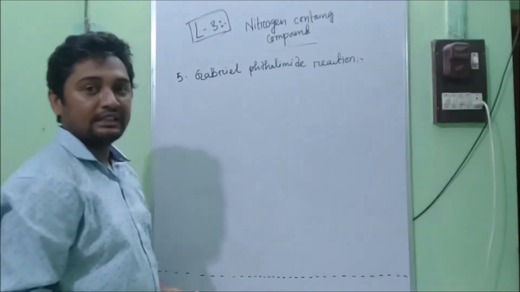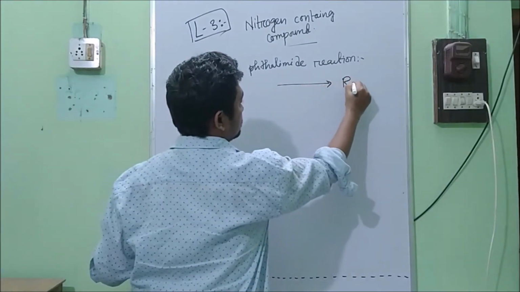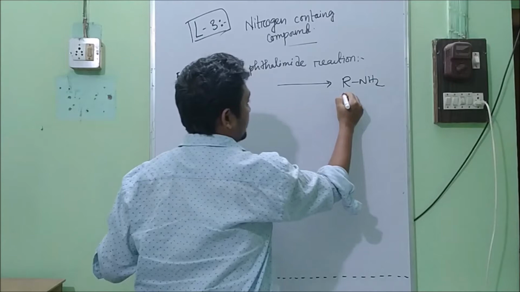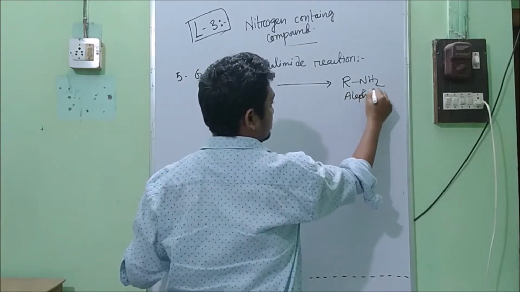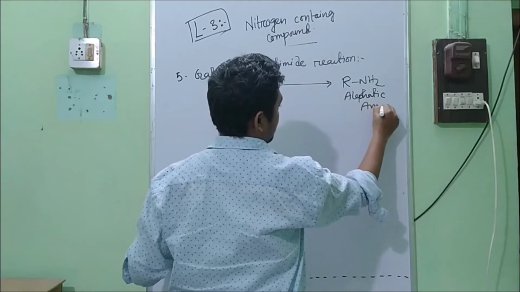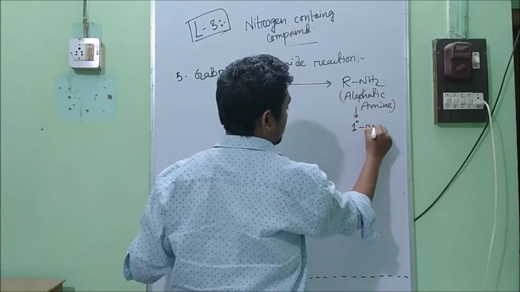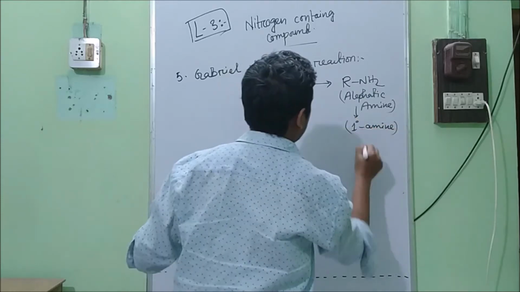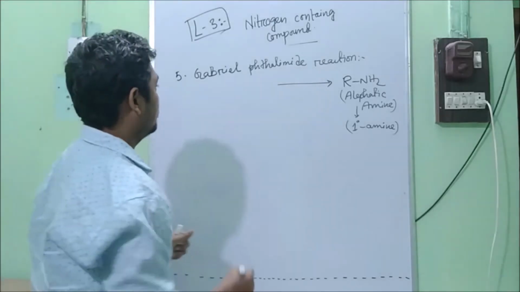Now next one is Gabriel phthalimide reaction. In this reaction, you can convert into amine, that must be aliphatic amine, and it is 1 degree amine. So how can we prepare amine by using this reaction?